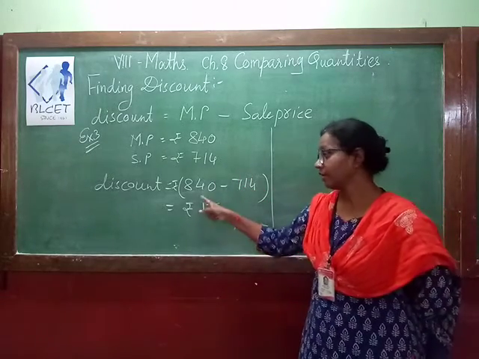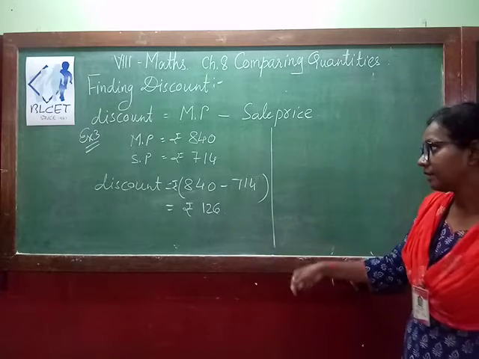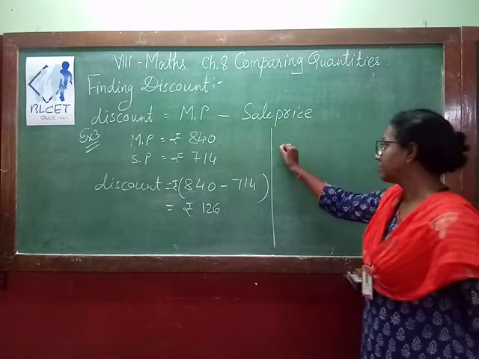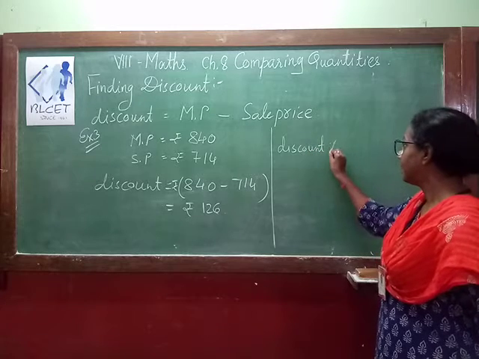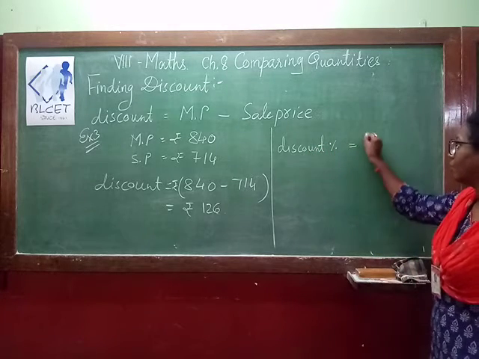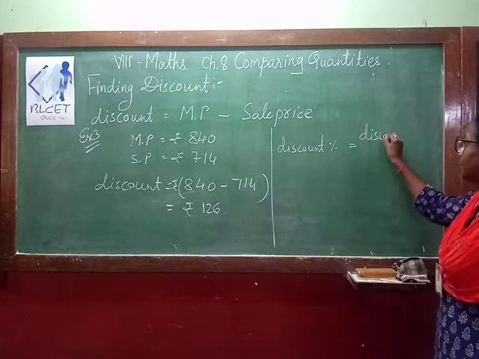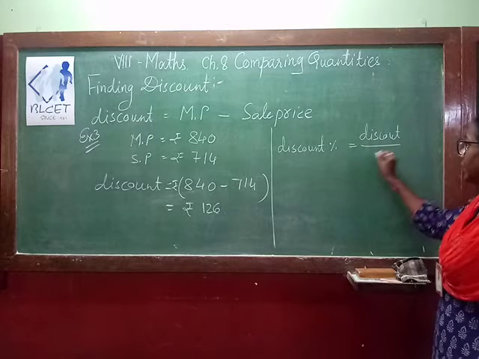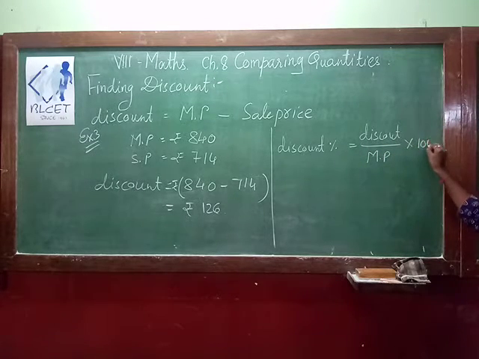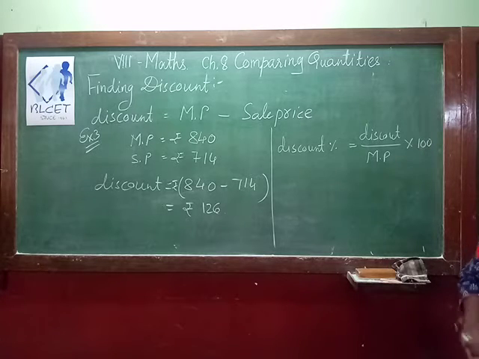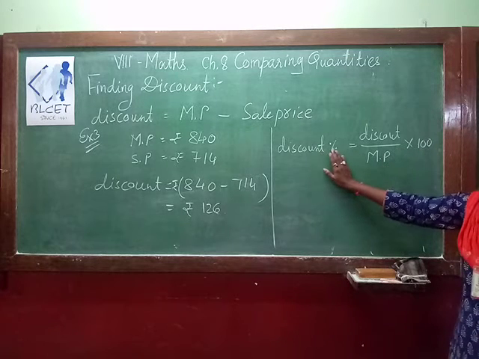Then what is your discount? This we can write in terms of formula. So discount percent is equal to whatever discount you are getting, divided by whatever is your mark price, multiplied by 100. So this is your formula to find discount percent.